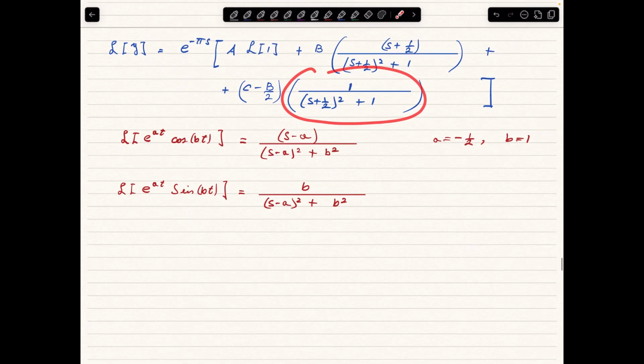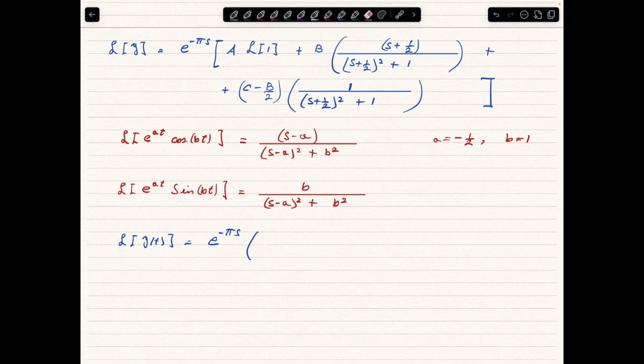So the solution of the problem we are looking for, y of t, is exponential minus pi s, and then what do we have?